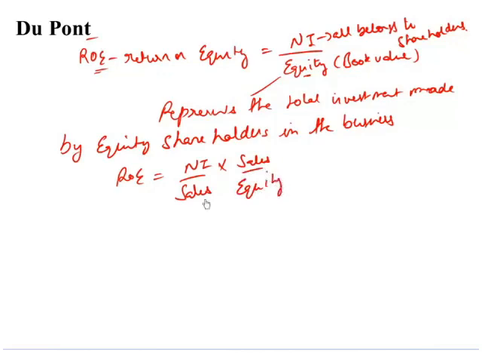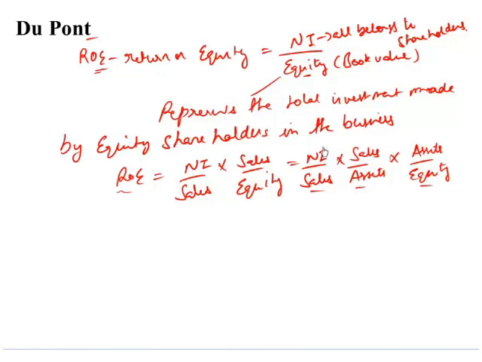If I multiply and divide by the same number, the ratio will not change. This can further be broken up as net income upon sales into sales upon assets into assets upon equity. This breakup is called the original DuPont equation, and it breaks up my ROE into the net profit margin multiplied by the asset turnover multiplied by the leverage ratio.